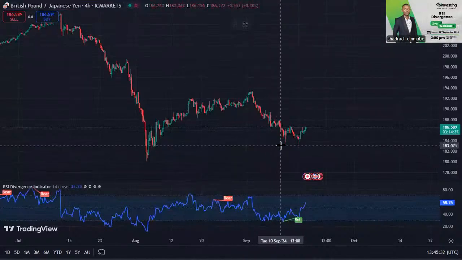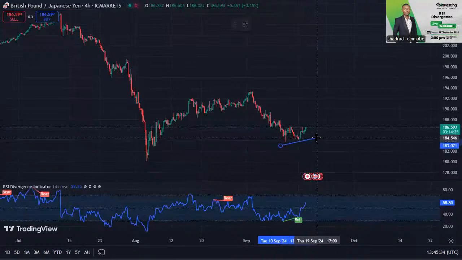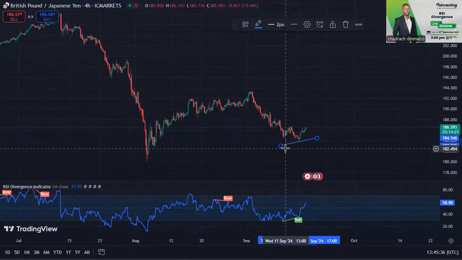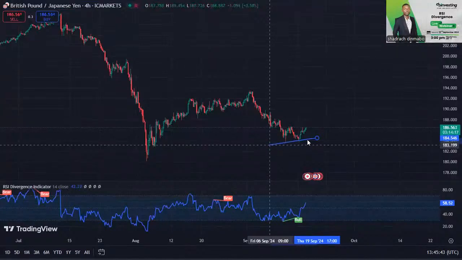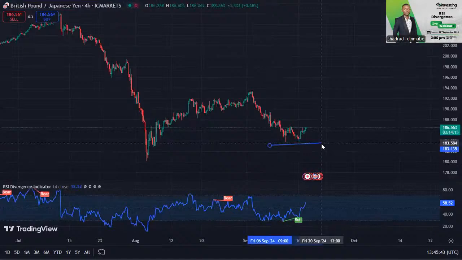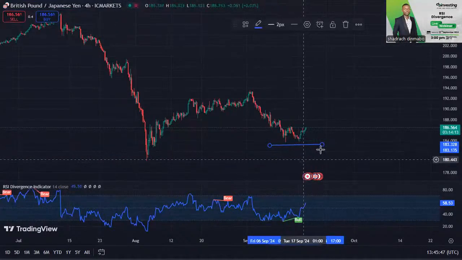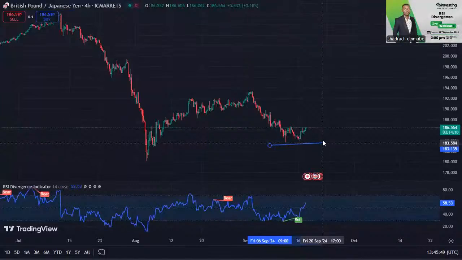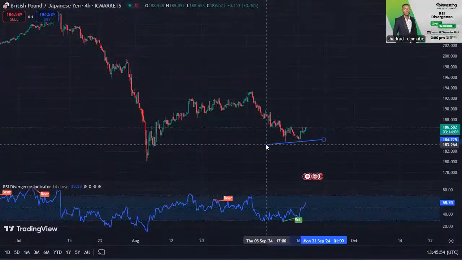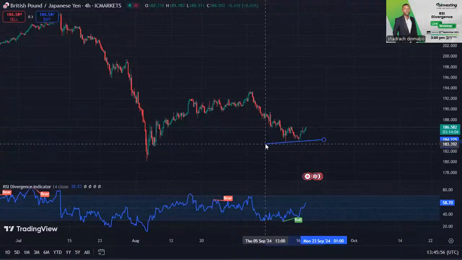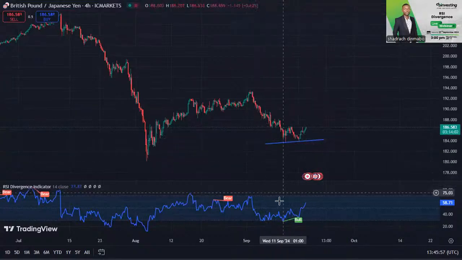So here we have the market making a higher low. Is it a higher low or a lower high? This seems not to be. I don't think this is a good divergence spot because this is almost making the same with our RSI.